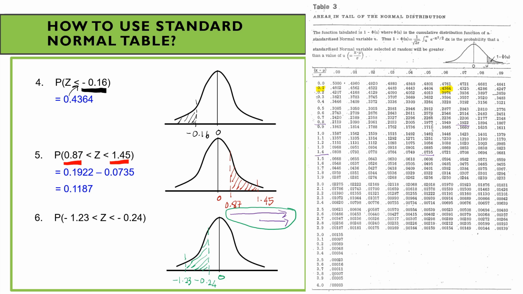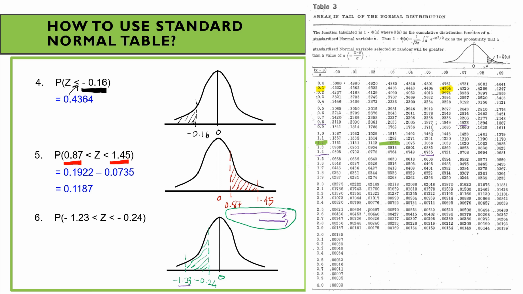Okay, so find the probability value of each z value. So 1.23 is 1.2 and then 3, which gives 0.1093.